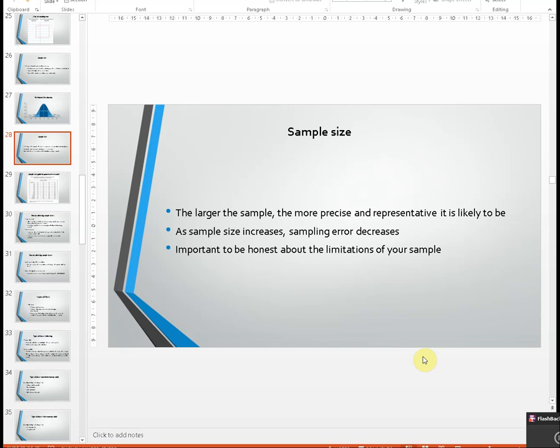Individuals, that is the unit of analysis, whether it's a person, animals, or businesses. However, for a qualitative study, you could have as low as just one individual or one company. Of course, that means you have a very focused case study of that individual.